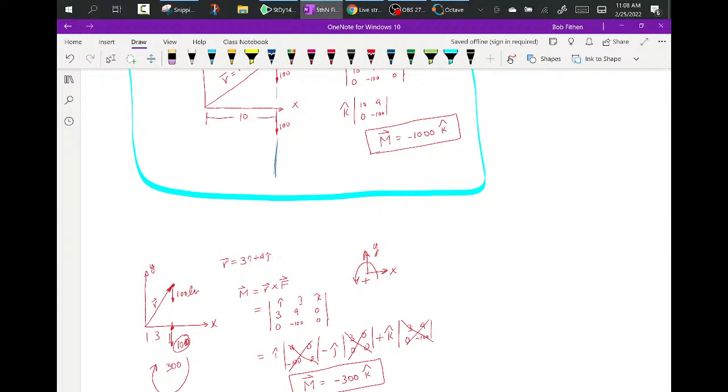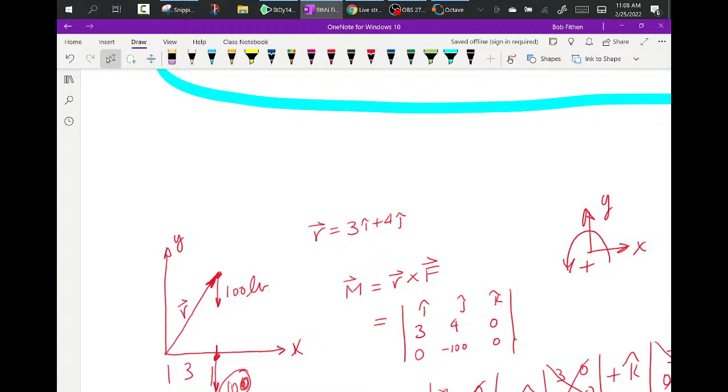This time, I'm going to do something interesting. I'm going to say, I got 2 forces now. I'm going to keep up with my 100. This time, I'm going to sort of extend this up here. And I'm going to put another force that goes up here, and it's 100 pounds.